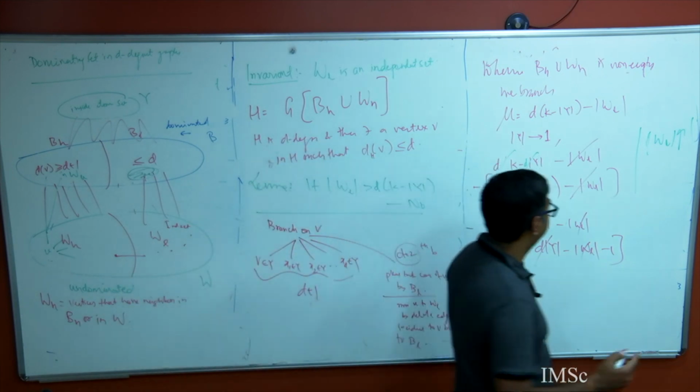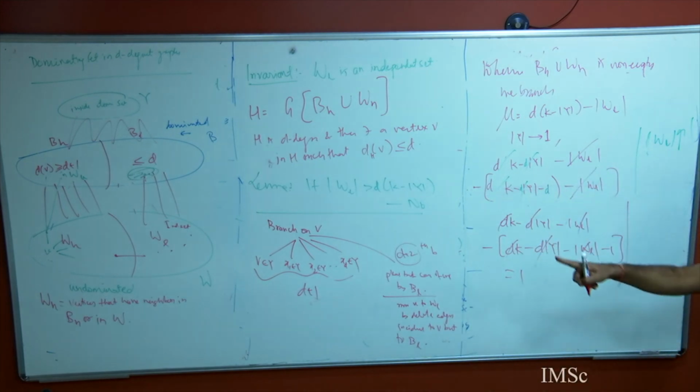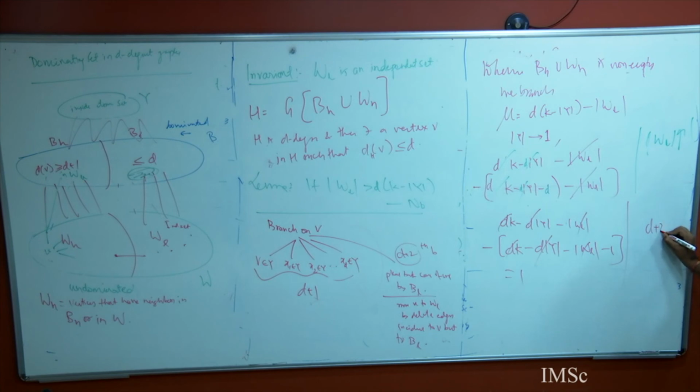So this algorithm, what is my branching? d plus 2 to the power mu, where mu is at most dk. So in some sense this algorithm runs in time d to the power dk.